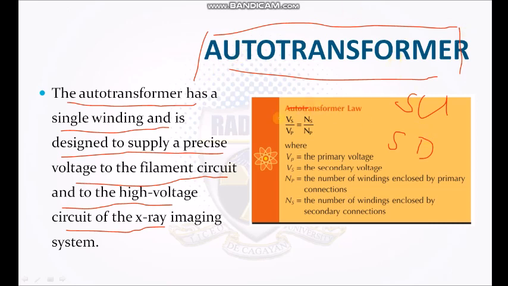So same lang ang ilahang law, same ang ilahang formula. Okay, so ang S is nasa taas and then ang P is nasa ubos na siya. So Vs over Vp and then Ns over Np. Again, pag more ang number of turns secondary, so dapat more po sa diyahang voltage.